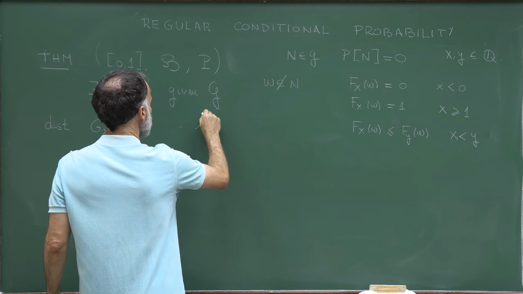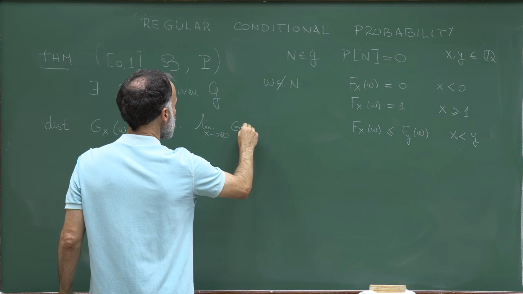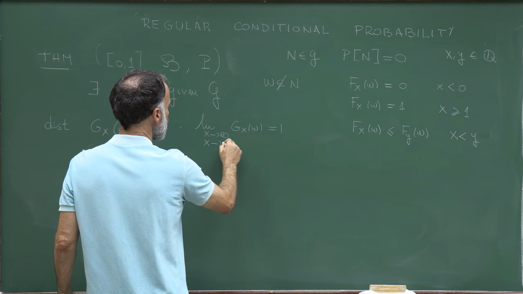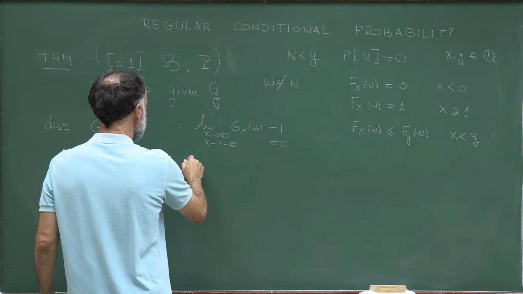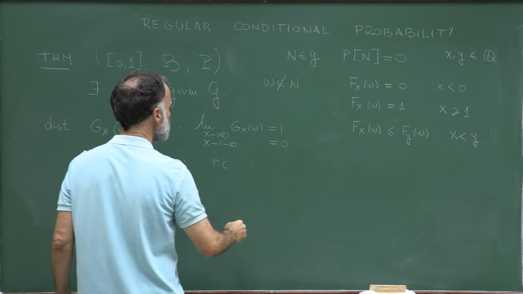The limit as x goes to infinity of gx of omega is 1. As x goes to minus infinity, the limit is 0. Then it's right continuous, and it's monotone.